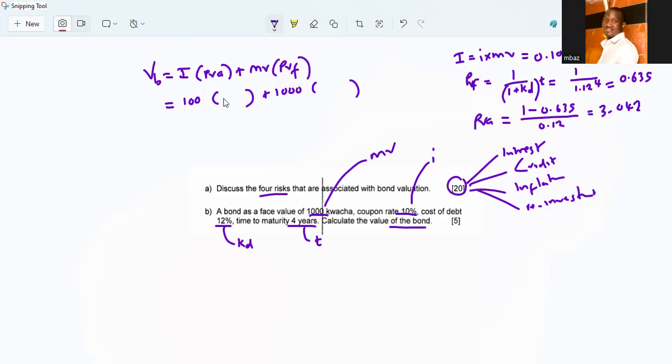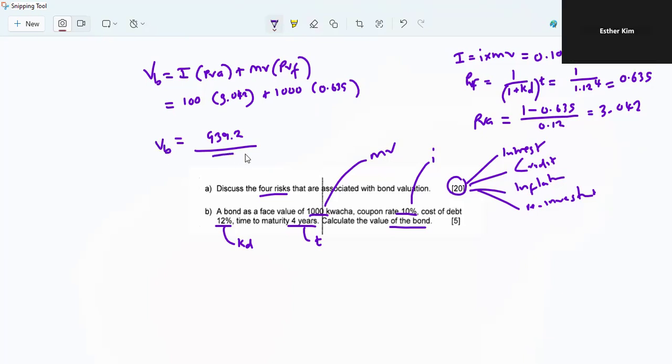So what's the value of the bond? 939.2. What kind of a bond is this? A discount bond.